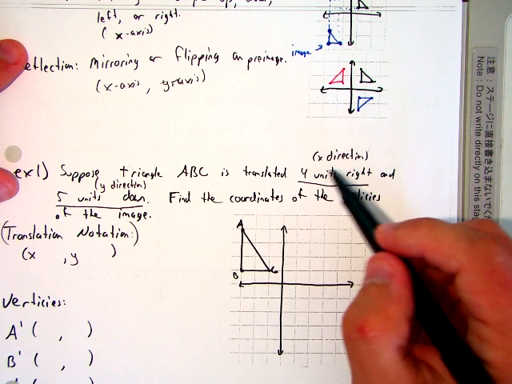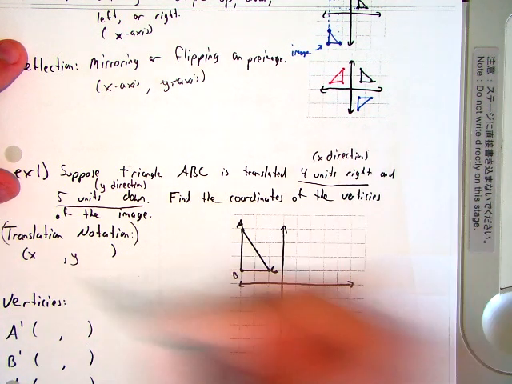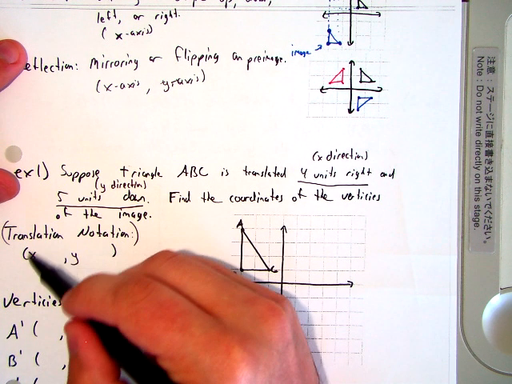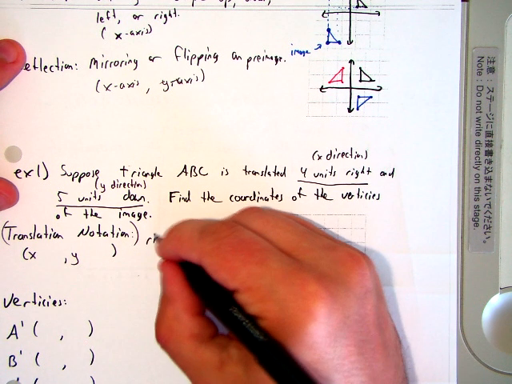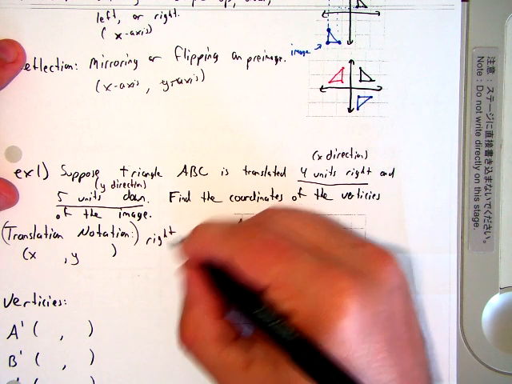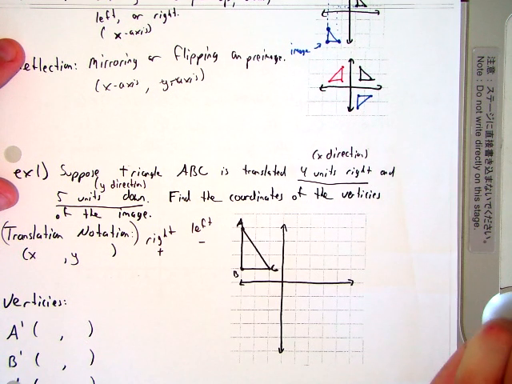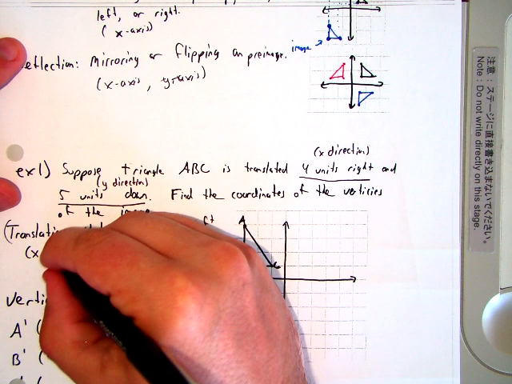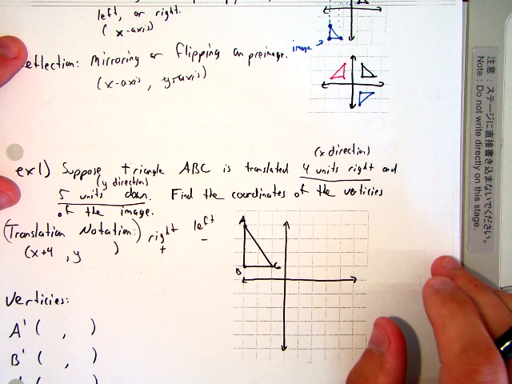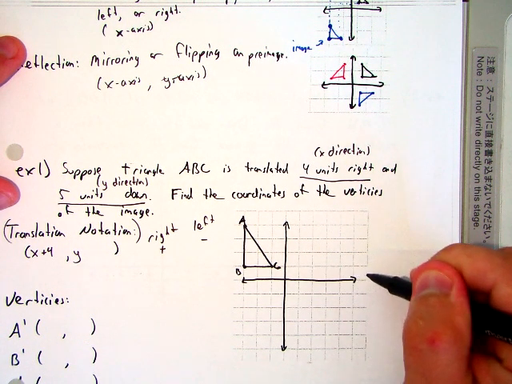So 4 units to the right, that's in the x direction, which means that I'm going to be affecting my x value by 4. And if I'm moving to the right, it would be an addition. Left, it's a subtraction. So I'm moving 4 units to the right, so I'm going to be adding 4 to my x value. Because as I move to the right along the x-axis, I get more and more positive.